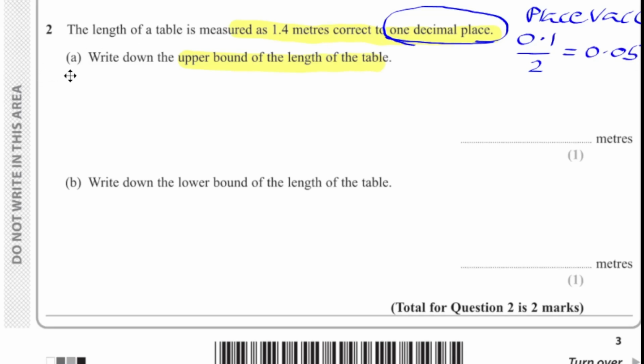After that, go to the question. Write down the upper bound of the length of the table. Get the original measurement of the length, which is 1.4 meters. For the upper bound, we add whatever we got by dividing, which is 0.05.